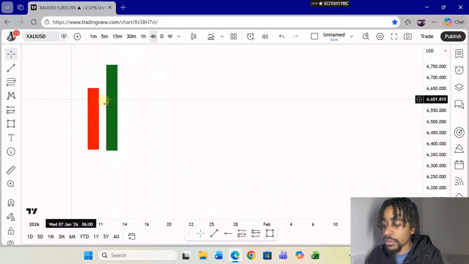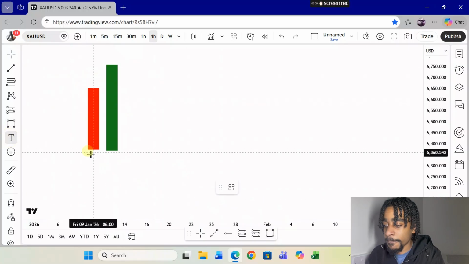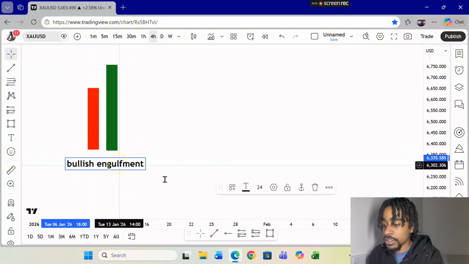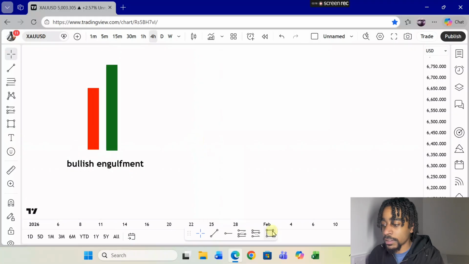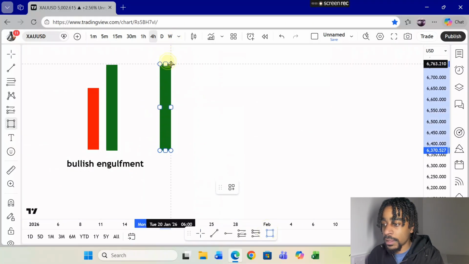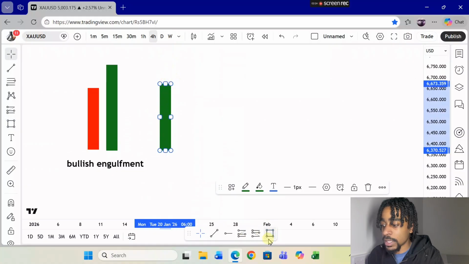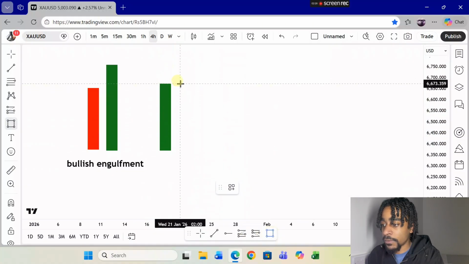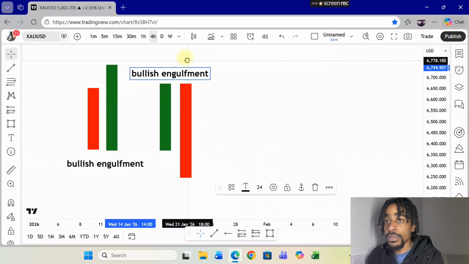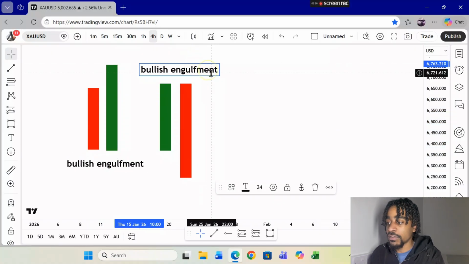Now, as we've got the bullish engulfment, which I'm going to write here, you can also have it on the flip side and you can get a bearish engulfment, which is when we have a bull candle like this, and then we get a bearish candle that fully overtakes the bull candle, and this will be classed as a bearish engulfment. Anything you see on the bullish side, you see on the bearish side.